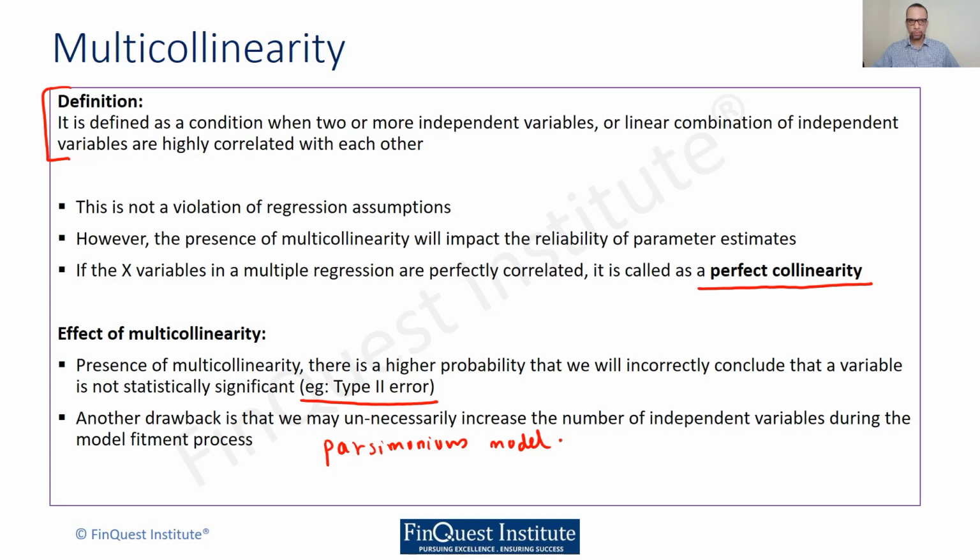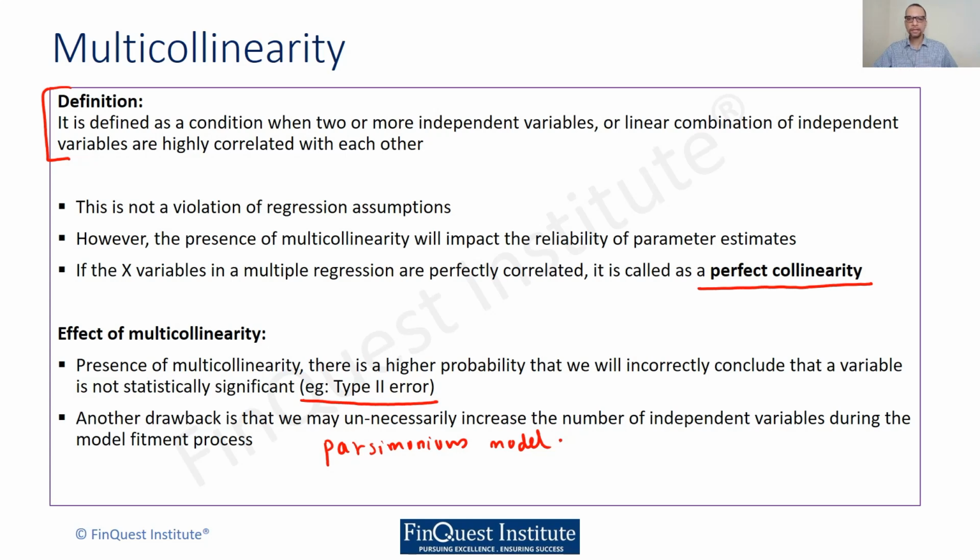Now, if we do not do a check for multicollinearity, but we still end up using multiple variables, the problem is we end up using a large number of independent variables, many of which would convey similar information. So having two variables which convey the same thing doesn't add any value to our overall modeling exercise. So that can be another effect.